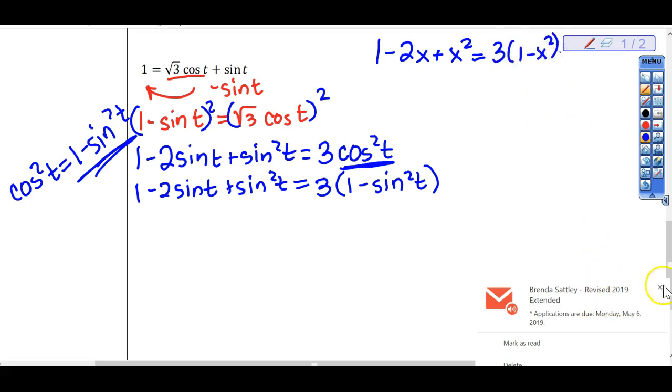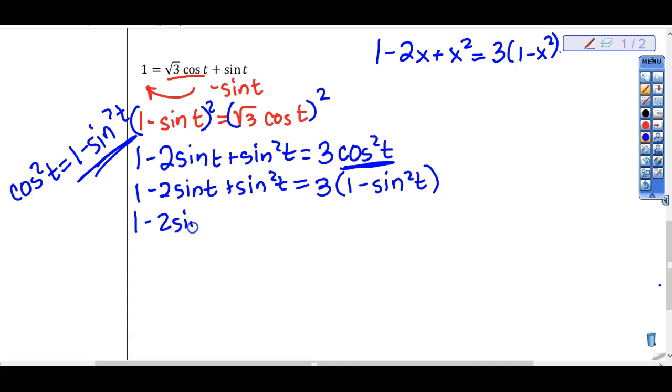You might feel a lot more comfortable with that. If you do, what would you do in this situation to solve for x? Distribute. So we'll do the same thing here. So we get 1 minus 2 sine t plus sine squared t equals 3 minus 3 sine squared t.